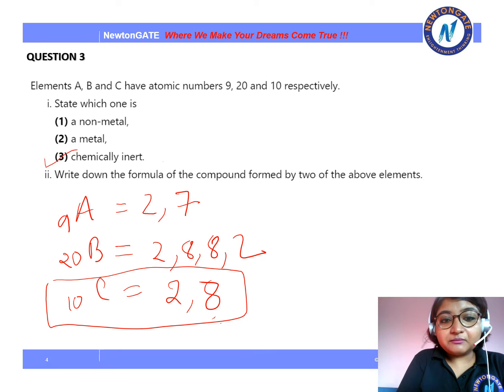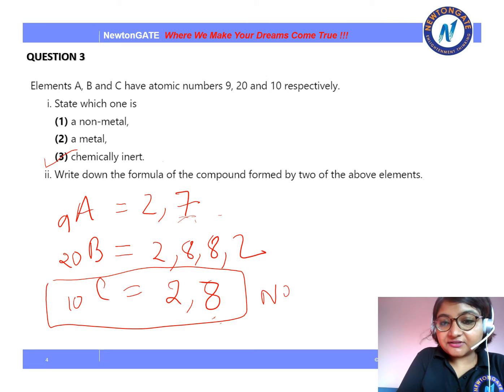And which one is a metal? The one which is metal will lose electron. Here you can see that element A valence electron is 7. Obviously it will not lose 7 electrons to become 2, right? So it will gain 1 electron to become 2, 8 to achieve the electronic configuration of neon.